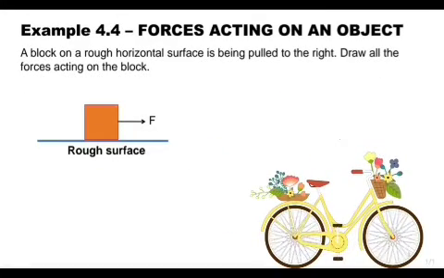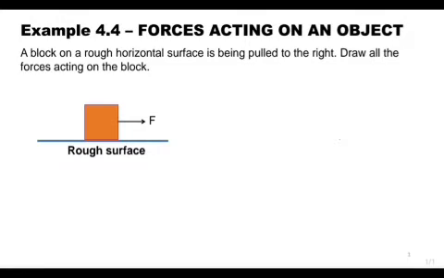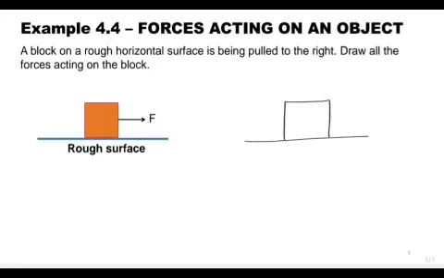Example 4.4 Forces acting on an object. A block on a rough horizontal surface is being pulled to the right. Draw all the forces acting on the block. Let's draw the figure. Since it's being pulled to the right, therefore it will move to the right.